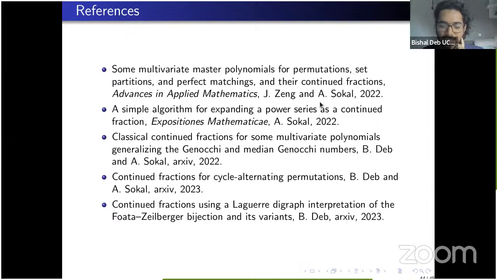Derived from this paper, there have been several results by Jiang Zeng and his students, Bin Han and also Chong Pan, and they have proved several gamma positivity results for Eulerian polynomials, I think type B Eulerian, and various classes of polynomials, as corollaries of the continued fractions here. So that can be done, yes.